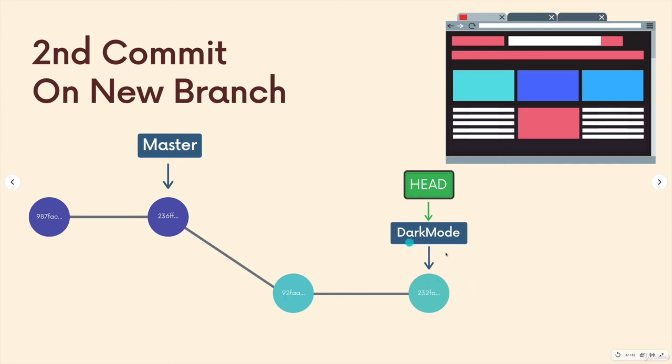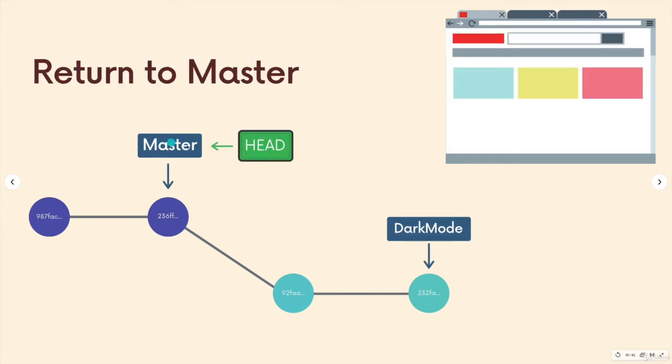And then I can switch back at any point. I could go back to master. Remember, I think of it as a bookmark in a book. So we still have that bookmark. That's what this reference is. And I can open to that page by switching over to this branch. HEAD is pointing to master. And I could go back to dark mode, go back to master. HEAD is just the thing that is currently open, that I'm currently checking out in my repository.